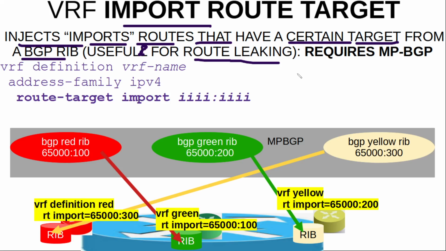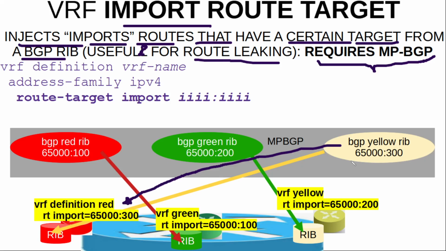Remember that in order to do this magic, we require the help of multi-protocol BGP. So, for instance, if you configure at your red VRF route target import 300, you are going to be able to import from BGP the prefixes that were previously admitted into BGP with the route target export with the same number.